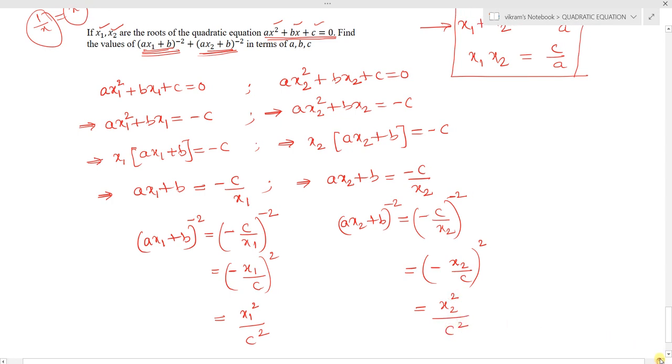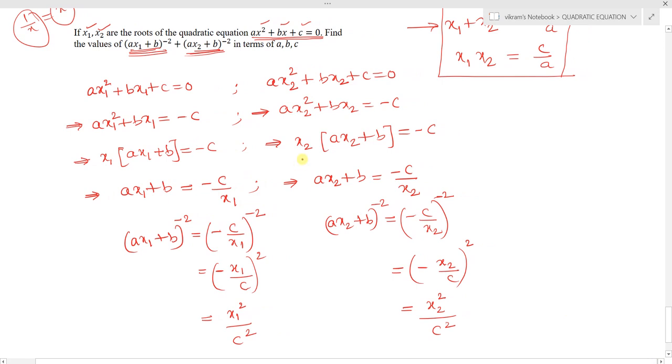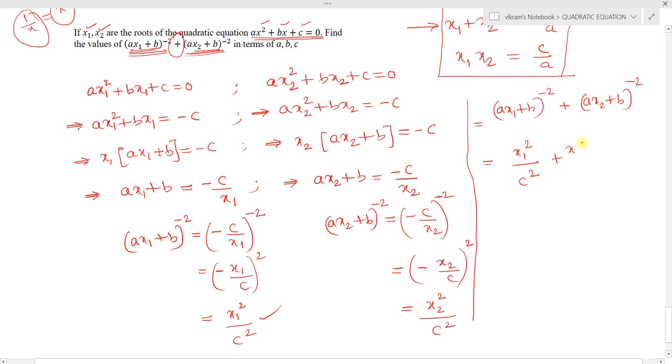Okay, then what is the question he asked us? He is asking us to find the sum of (ax1 + b)^(-2) and (ax2 + b)^(-2). If we add these two, (ax1 + b)^(-2) plus (ax2 + b)^(-2), we obtained (ax1 + b)^(-2) as x1 square by c square, whereas (ax2 + b)^(-2) is x2 square by c square.